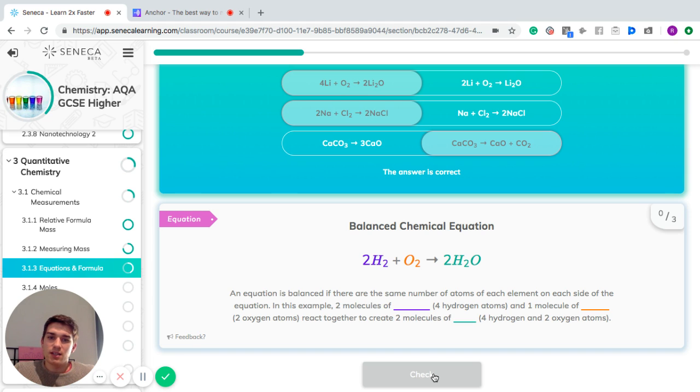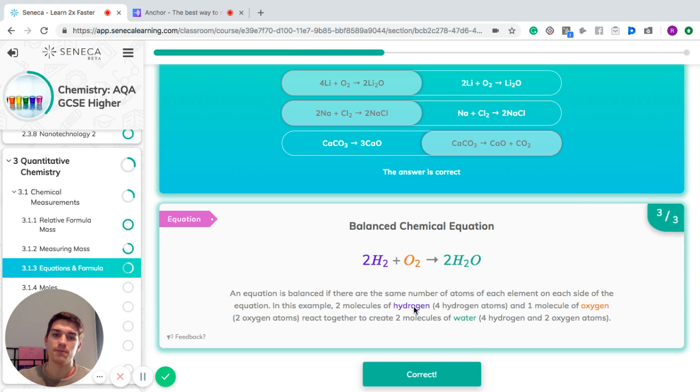So in the example of hydrogen and oxygen reacting to produce water, two molecules of hydrogen and one molecule of oxygen react together to create two molecules of water.